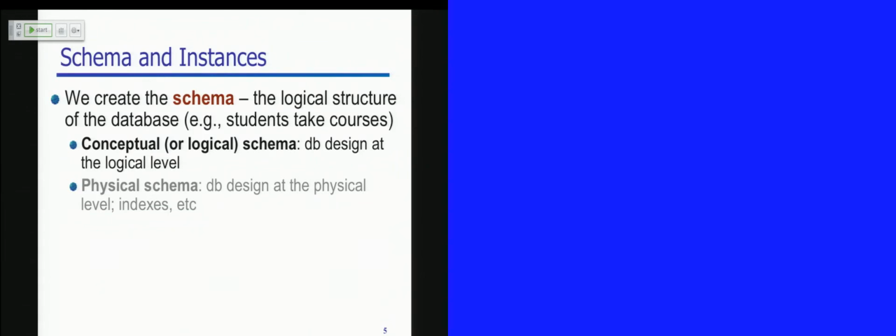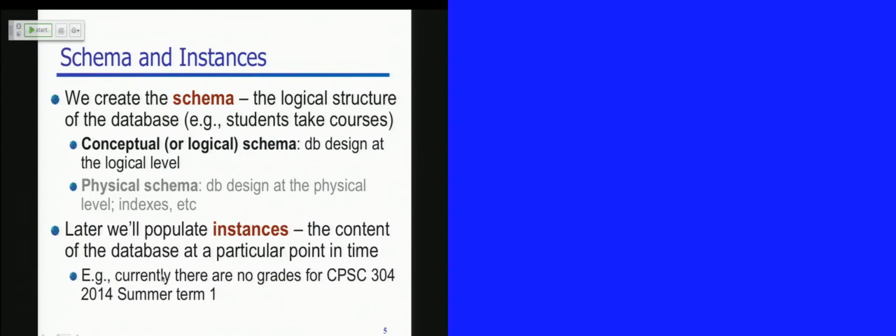We're going to design a schema, which is the logical structure of a database. So a schema is going to talk about students, courses, instructors, as a template. So this is going to be a conceptual or logical schema. Later, we're going to populate instances that go with this concept. So once we have the concept in place, we'll start enrolling students in.